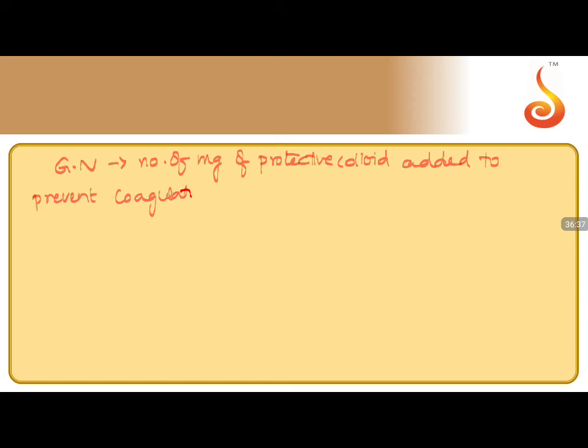Okay, first, what is gold number? Gold number is the number of milligrams of protective colloid added to prevent coagulation of 10 ml of gold sol from 1 ml of 10% NaCl solution.